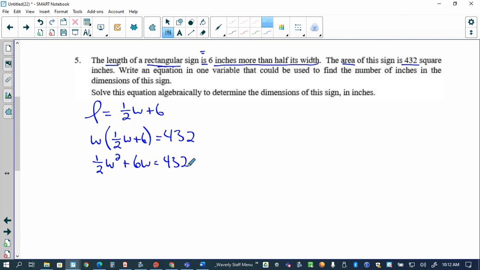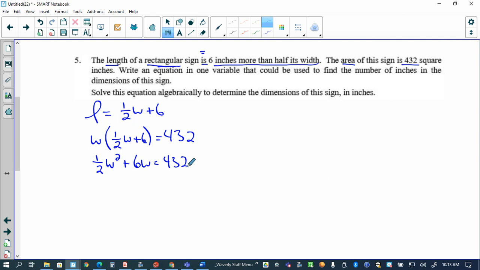You find the reciprocal. If you multiply 1/2 by 2, what does it become? 2 over 2, which is 1. Yeah, 1.